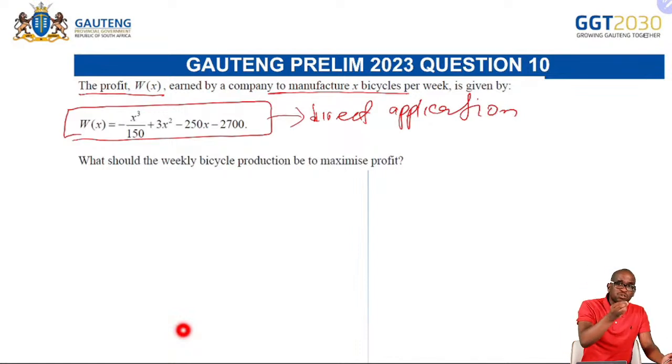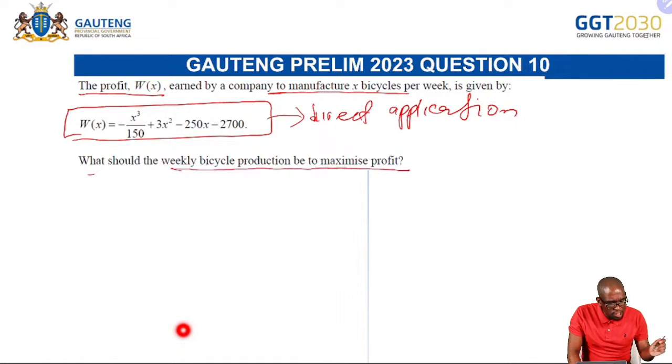If it's direct, you are given the objective function, then you optimize. If it's indirect, then you are the one responsible for formulating that objective function. So in this case, we are given the objective function and we want to determine the weekly bicycle production to maximize profit. So they want to know how many bicycles must you produce so that the profit is maximized.